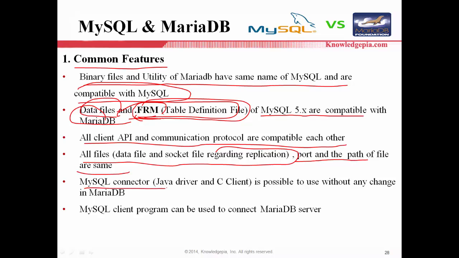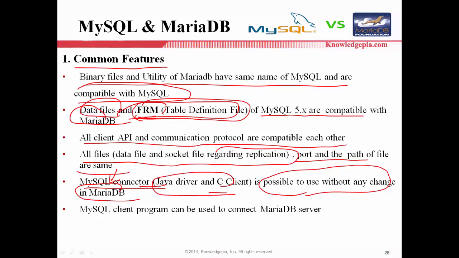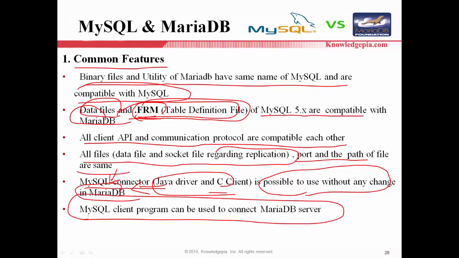MySQL connectors, like the Java driver and C client, can be used without any change in MariaDB. Just install them, and MariaDB will support this kind of feature as well. MySQL client programs can be used to connect to the MariaDB server. I will explain this in chapter 3.